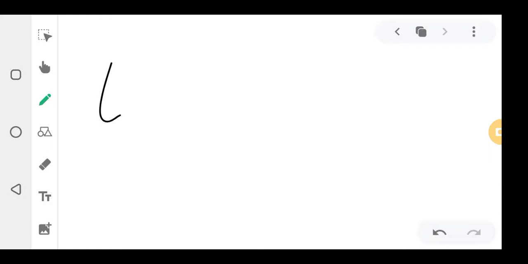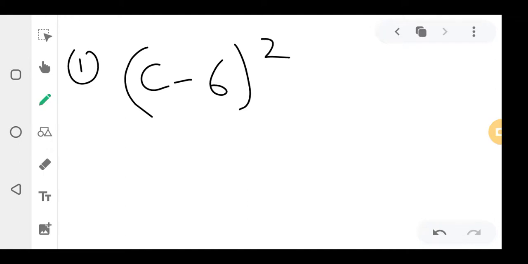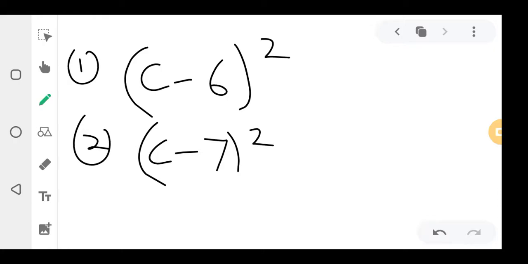Okay, I hope you have understood. I'll also leave an exercise for you to see whether you have understood. Question 1. C minus 6 squared. Question 2. C minus 7 squared.